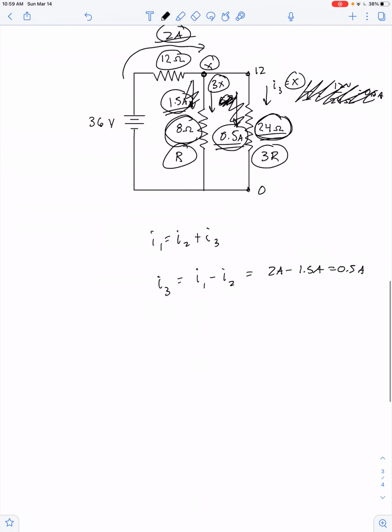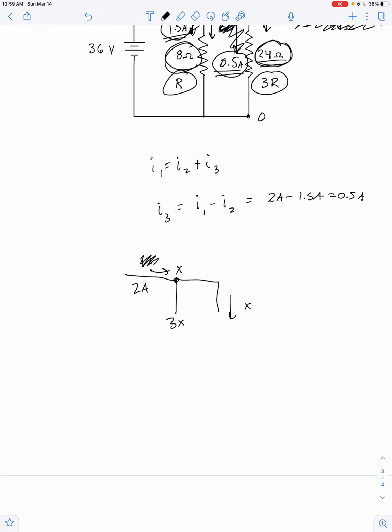So by the junction rule, two amps is flowing into our junction X, and then there's a current we just call X here, and there's a current we call 3X here.